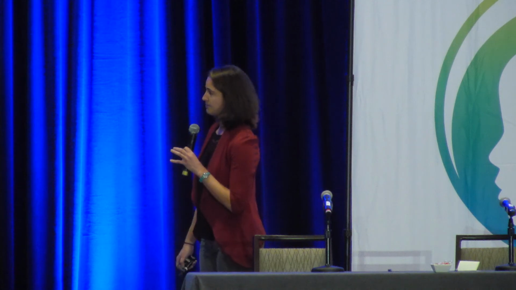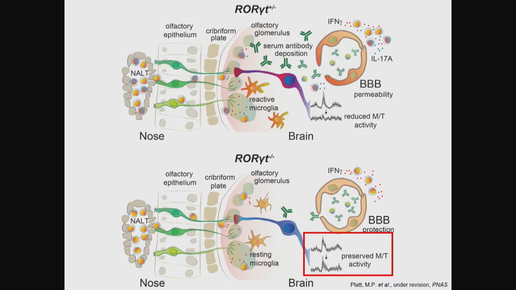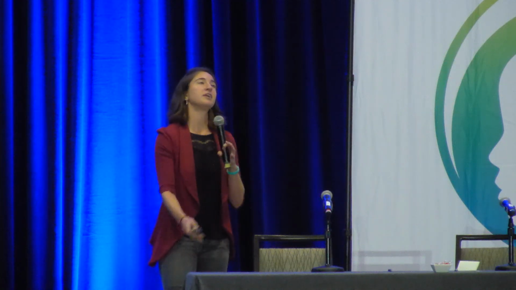And these interferon gamma releasing Th1 cells are much less efficient at breaking the blood-brain barrier, resulting in much happier microglia that are just content to rest and not have to phagocytose as much. And then that preserves the activity of the mitral cells that are signaling odorant information back to the rest of the brain.